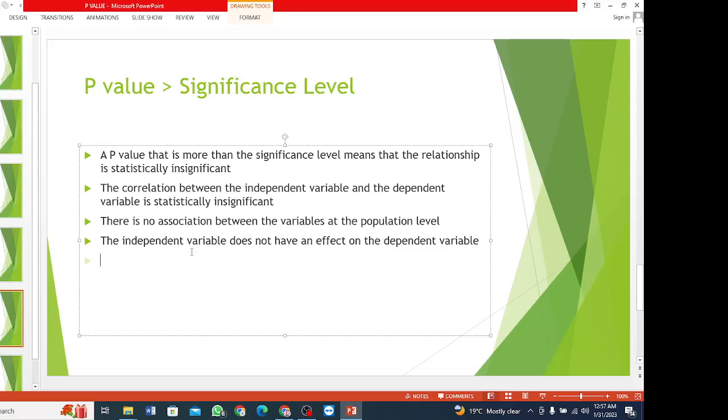Therefore, the correlation between the independent variable and the dependent variable is statistically insignificant, and hence the association between the variables at the population level does not exist. So we can conclude that the independent variable does not have an effect on the dependent variable in the entire population.